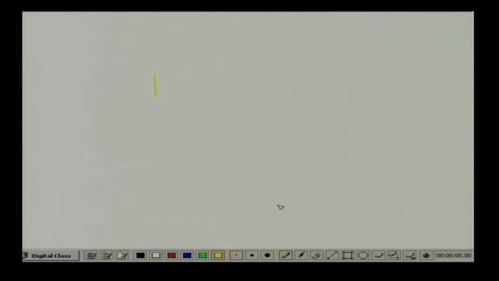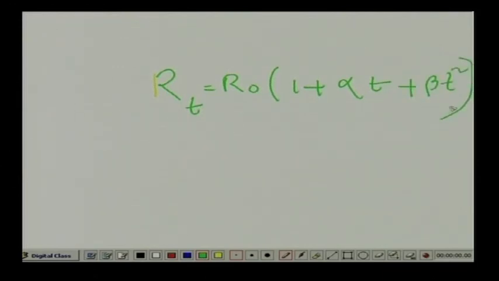If I take, for most practical purposes, R t equal to R naught into 1 plus alpha t plus beta t square, that will suffice. This is t square, please note, right.